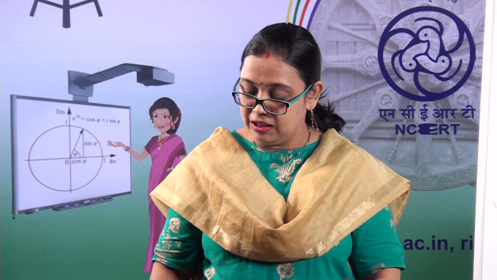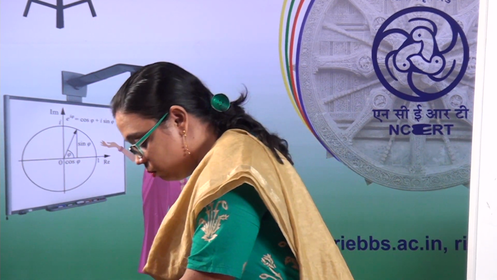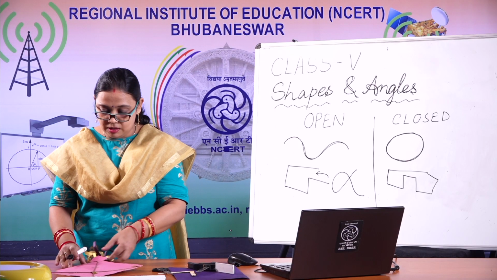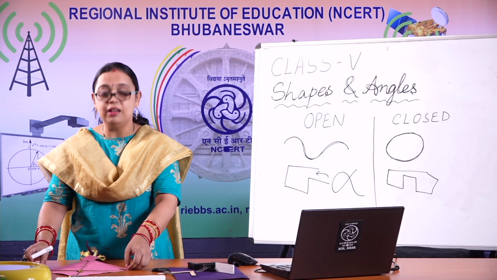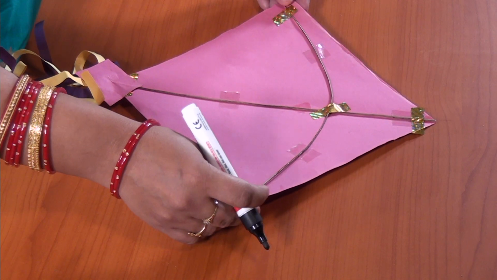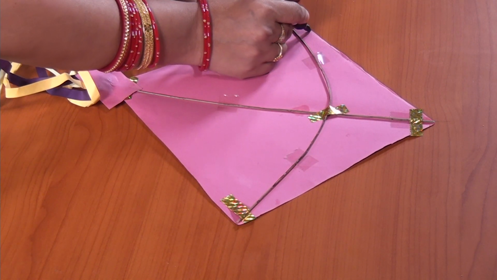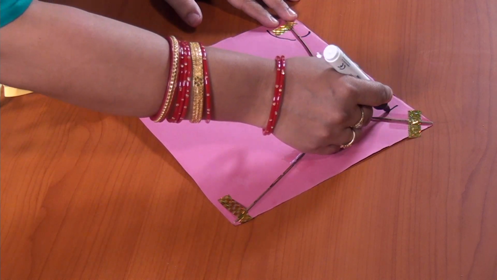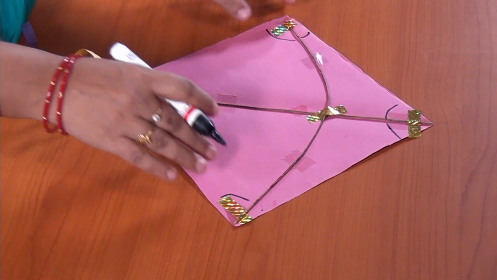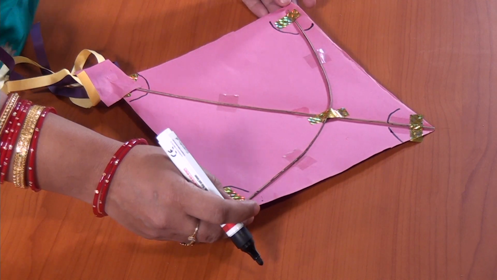How interesting nature is, isn't it? See, I have some more things for you. This is a kite. See, this kite also has 4 angles with it.